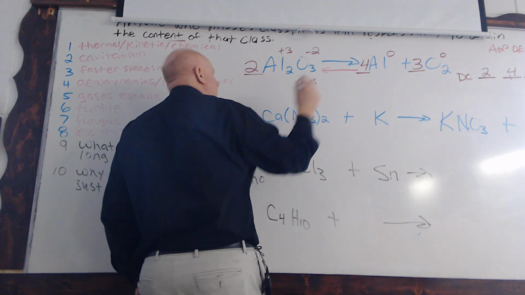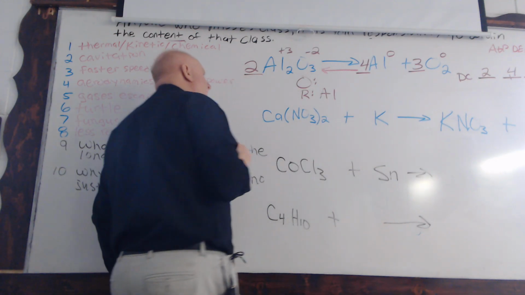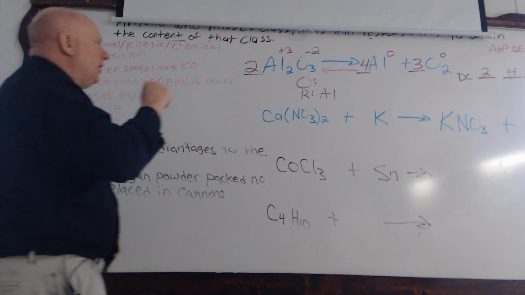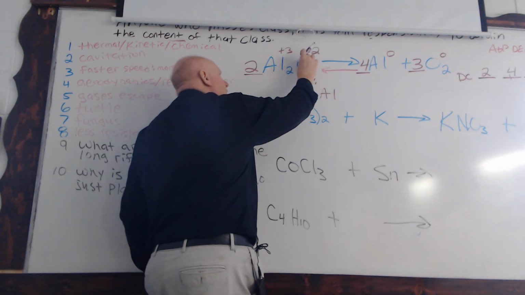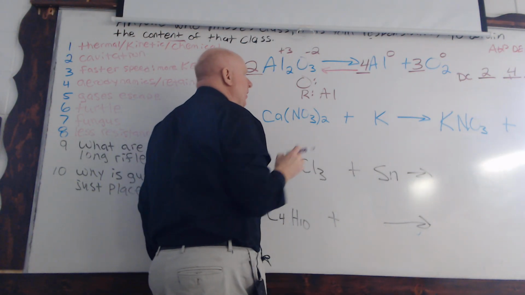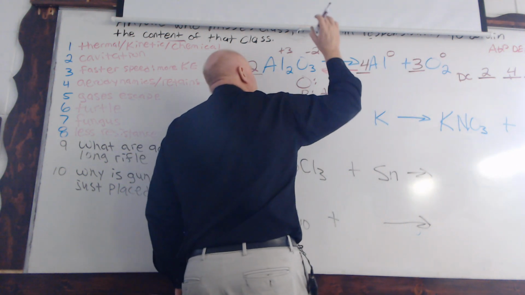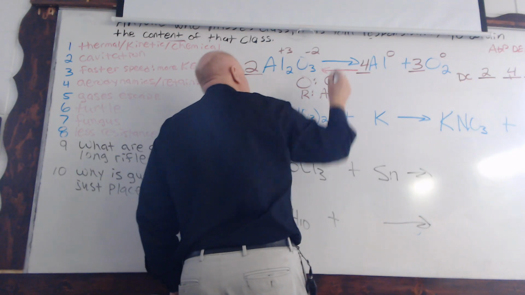So it got reduced. Okay? Then when we look at the oxygen, does this charge get bigger or smaller? It gets bigger because 0 is greater than -2, so therefore this had to have been oxidized, or the oxygen.